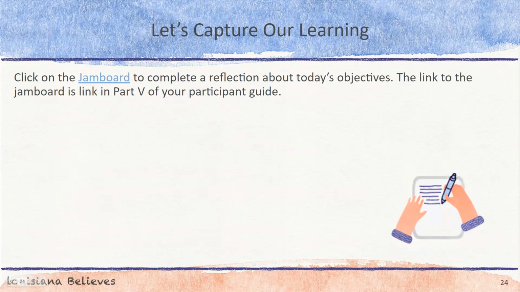So the last thing we're going to do today, in order for us to get some ideas about what you may need, is we're going to capture our learning on a Jamboard. So I'm going to drop the link to the Jamboard. And this will be helpful to us because there is part of it where it asks about any questions you may still have. Oh, thank you, Allie.